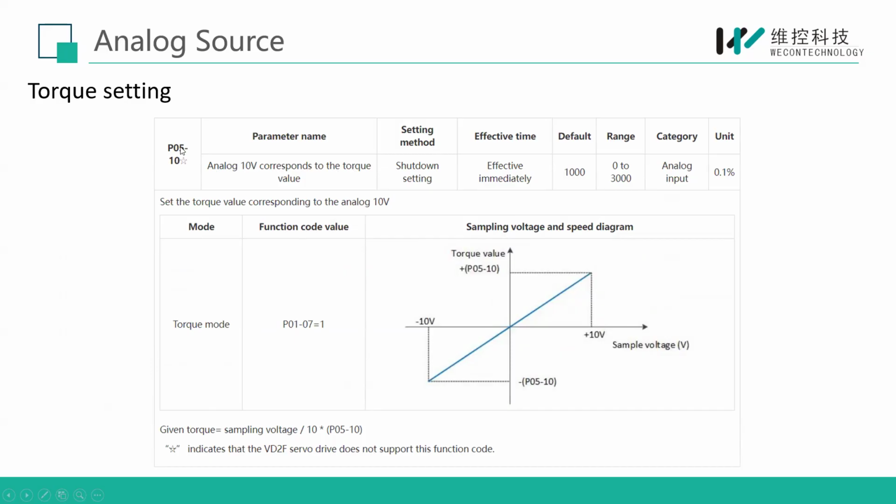We use the P5-10 parameter. The range is between 0 and 3000, and 1000 means 100%. The relationship curve is here. You can see this part is similar to yesterday's class about speed mode.